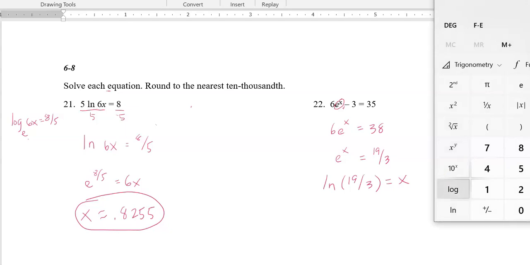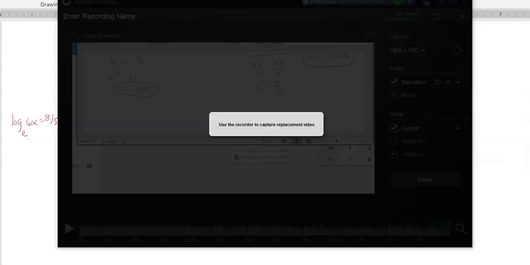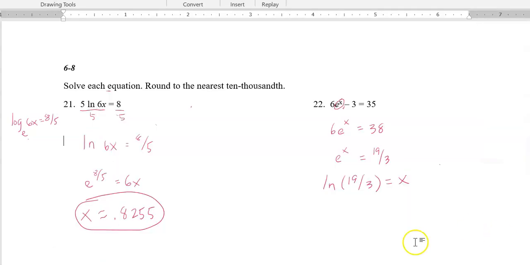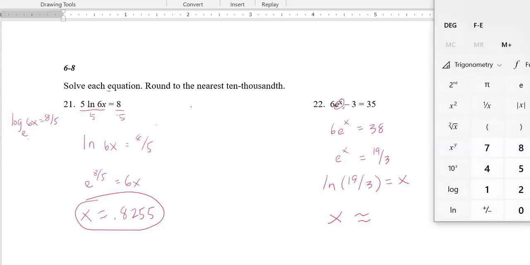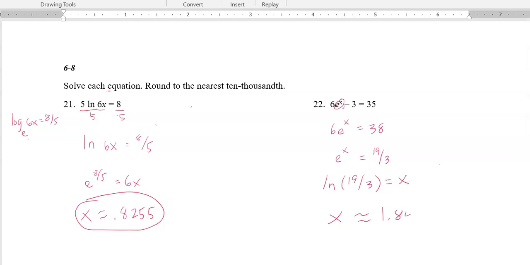So do natural log 19/3, and you're going to get 1.8458 after rounding.